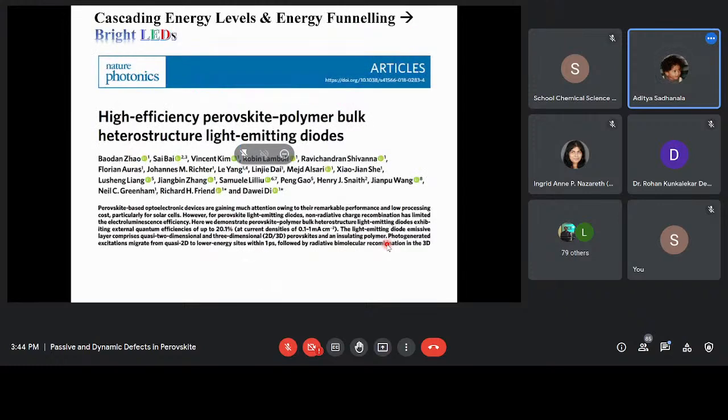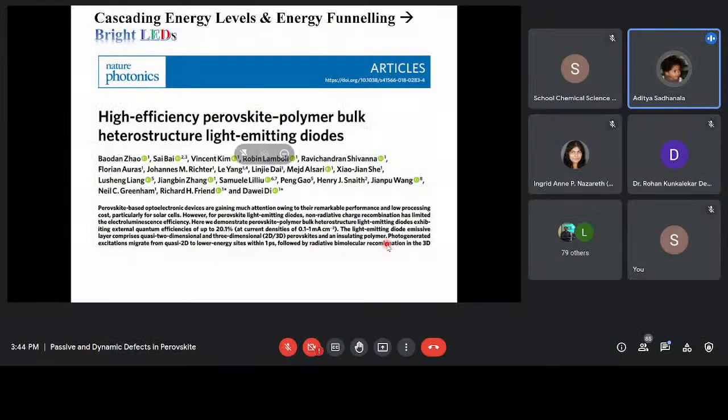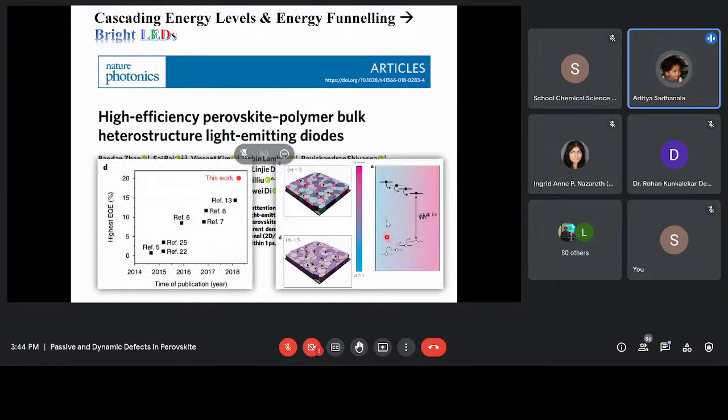Now, that being said, the funneling effect or the increasing photoluminescence quantum yield actually has inspired a lot of other perovskite systems, where this effect is used to basically design new perovskites to make efficient LEDs. Okay, so one such system is this, where you have multiple band gaps intentionally introduced into the perovskite film.